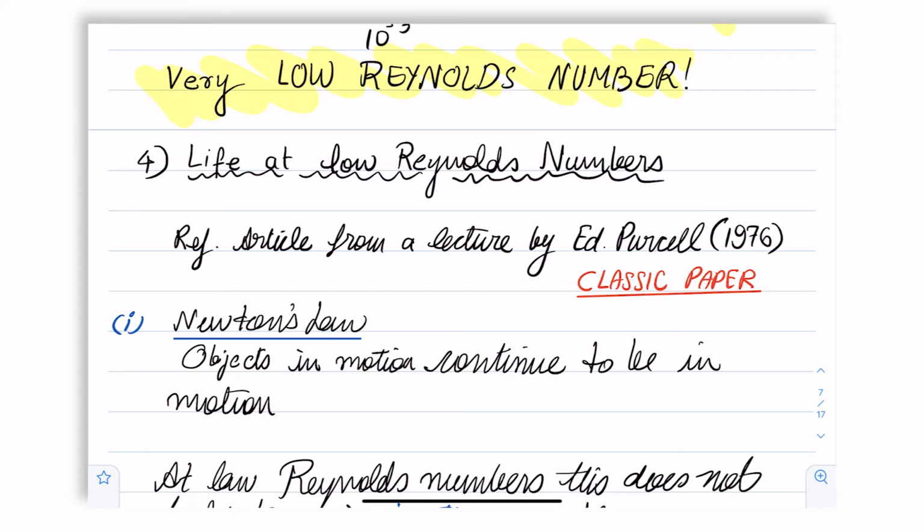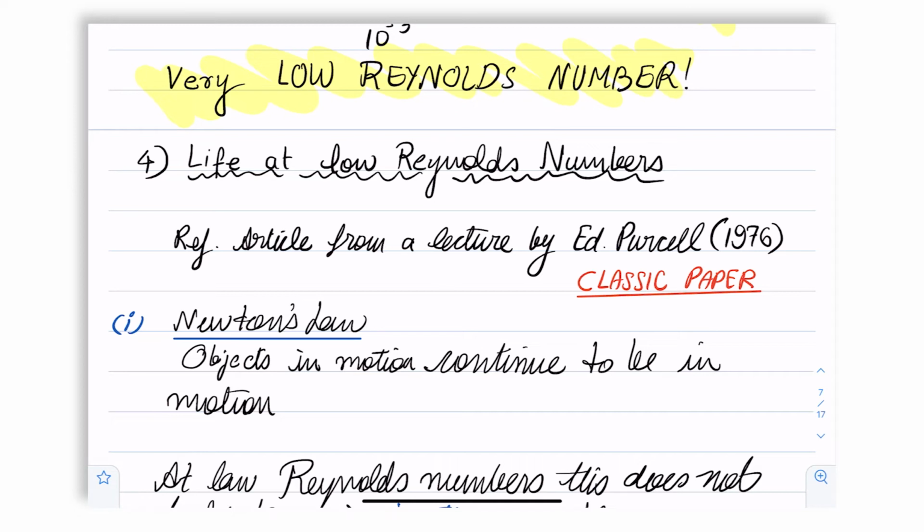So we're familiar, and I mentioned it earlier too, that by Newton's law of motion, those objects that are in motion will continue to be in motion. This is inertia. This is your standard experience also in our scale of the world as human beings. That is to say, if you are swimming, you make one stroke and you hold on, you wait for a bit, you will continue gliding in water.